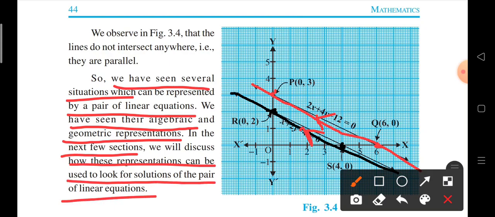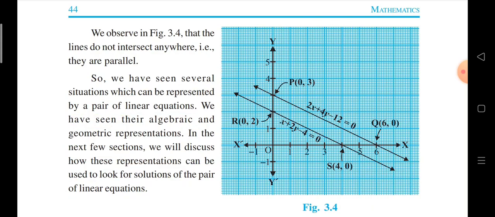Basically, there is a unique solution when they are intersecting lines; they have no solution when they are parallel, like in this case; and they have infinitely many solutions when they coincide, that is, one lies on the other, or one equation can be derived from the other. Is it clear? We will look at these in our next section.